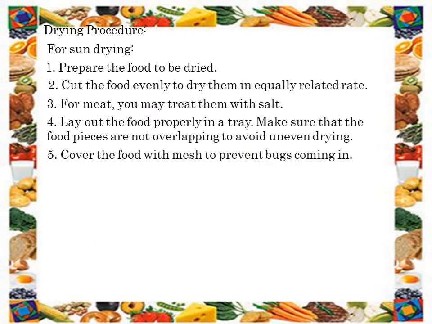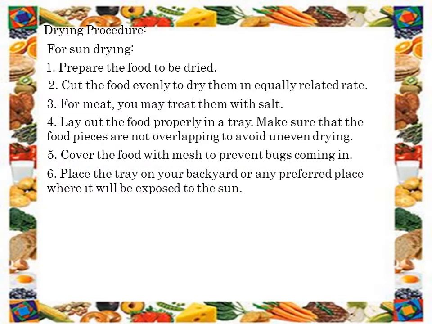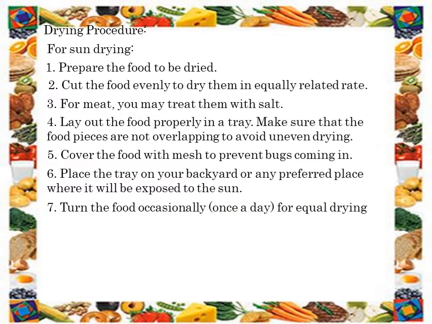Five, cover the food with mesh to prevent bugs coming in. Six, place the tray in your backyard or any preferred place where it will be exposed to the sun. Seven, turn the food occasionally, once a day, for equal drying.